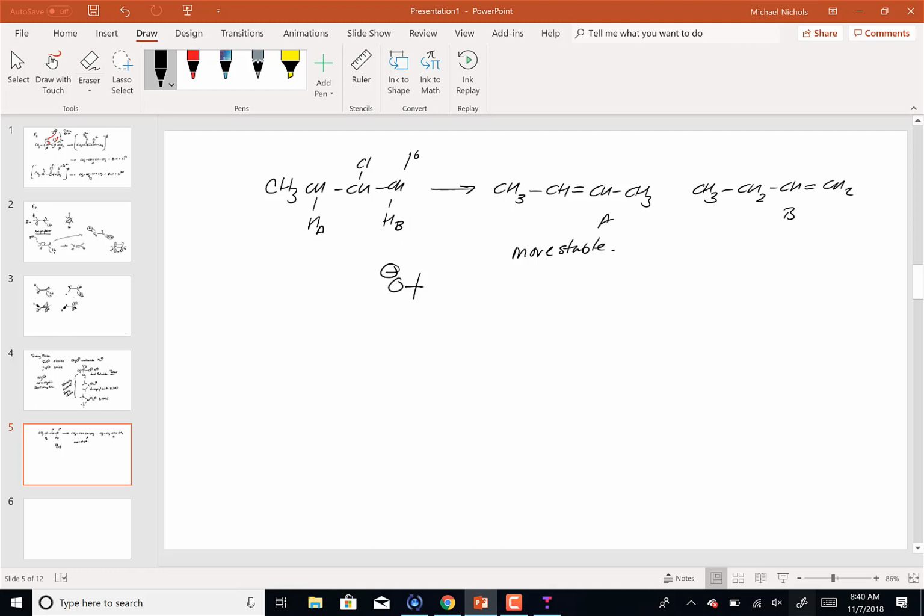What kind is HA? Primary, secondary, tertiary. Hydrogens are the same degree as the carbon they're attached to. So HA is what kind of hydrogen? Secondary.